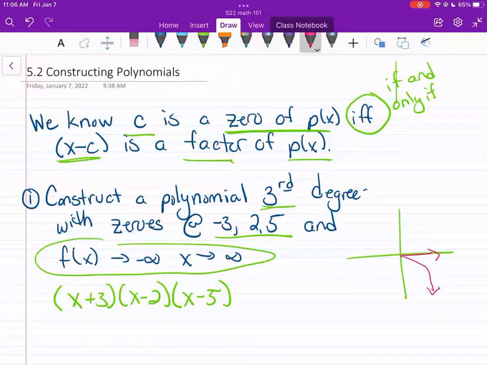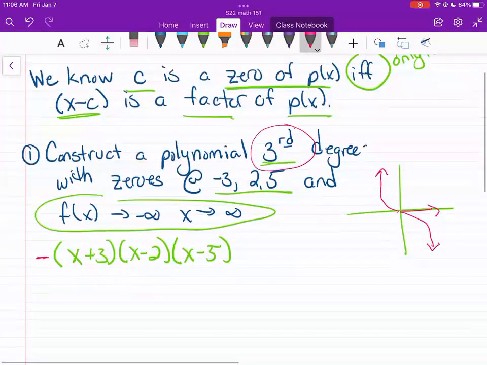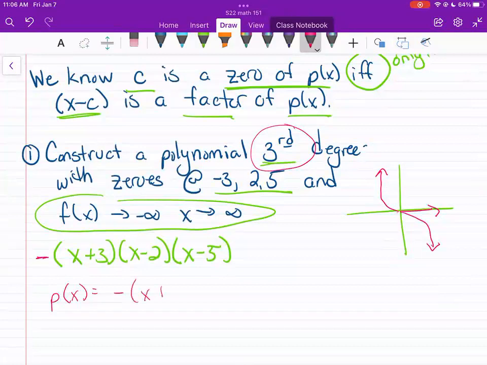Well, that tells us that the leading coefficient has to be negative, from our chart back several videos ago. And because it's odd degree, we know that the left side has to do the opposite. What we can conclude then is our general polynomial may not be the only one that exists of this form, but it's going to have these factors and it's going to have a negative leading coefficient.